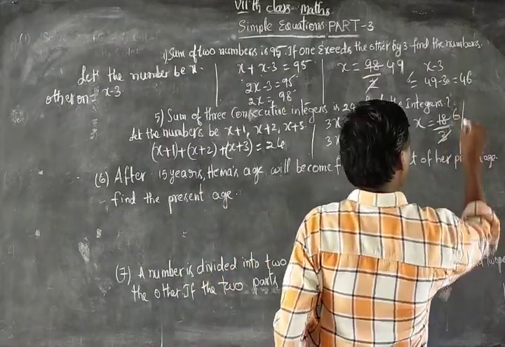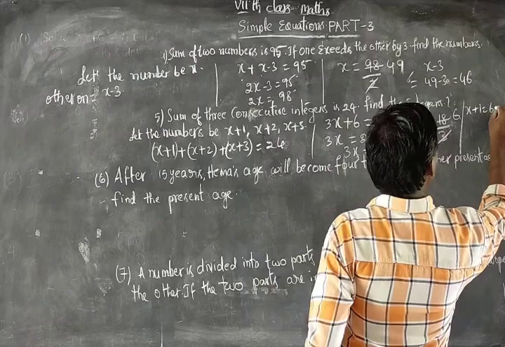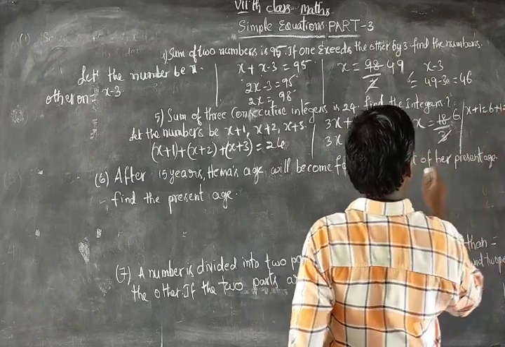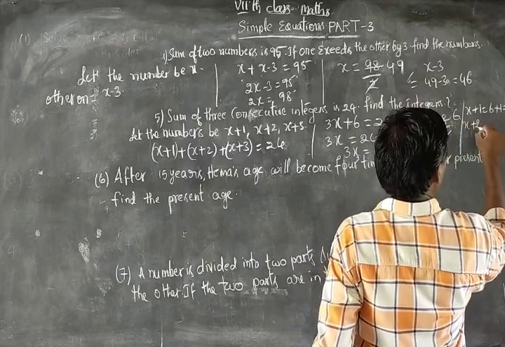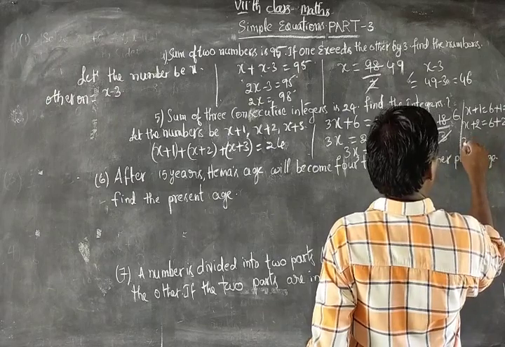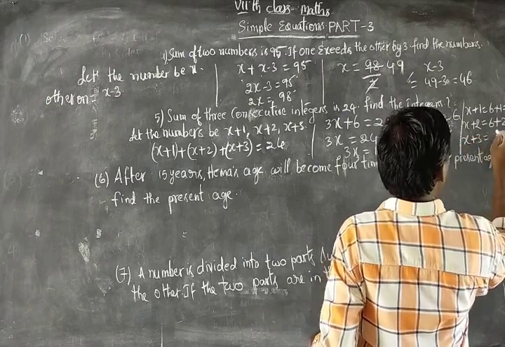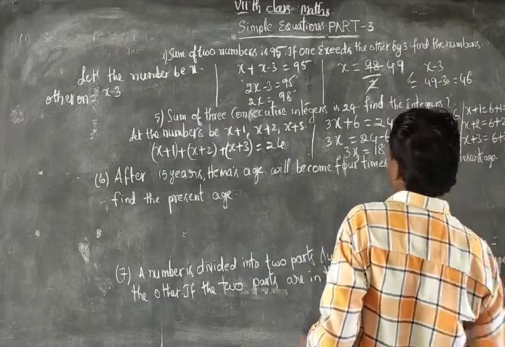First one, x plus 1, what is the value of x? 6. 6 plus 1 is 7. The next one, x plus 2, 6 plus 2 is equal to 8. Next one, x plus 3, 6 plus 3 is 9.